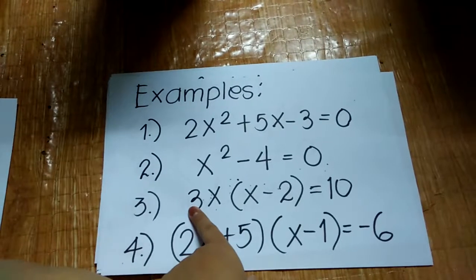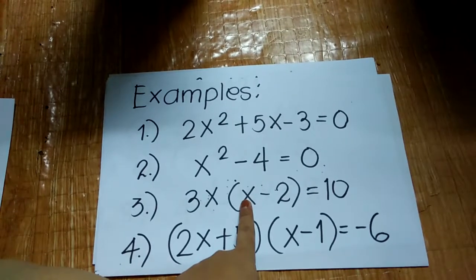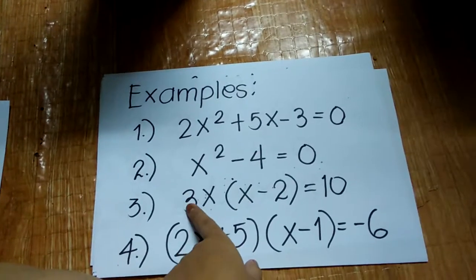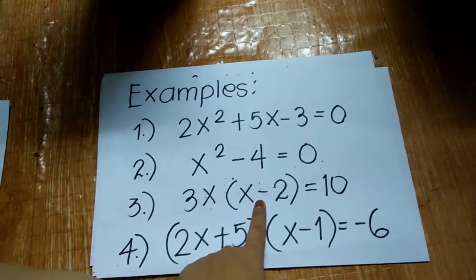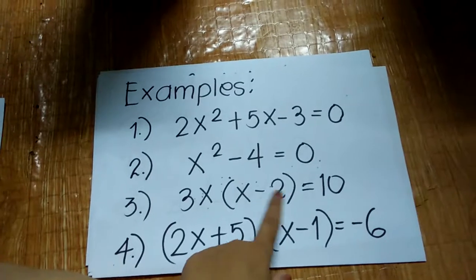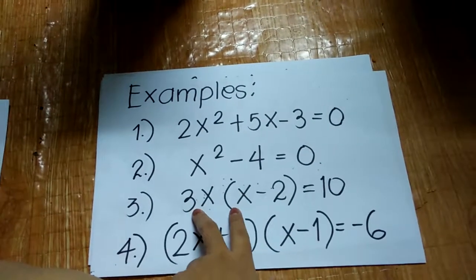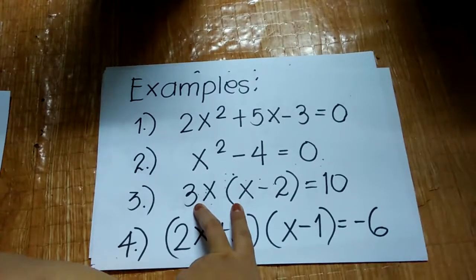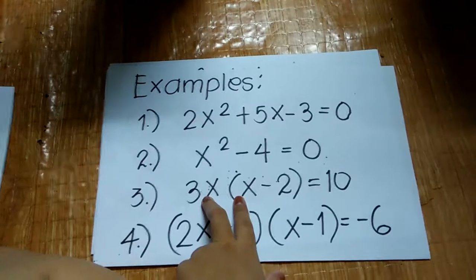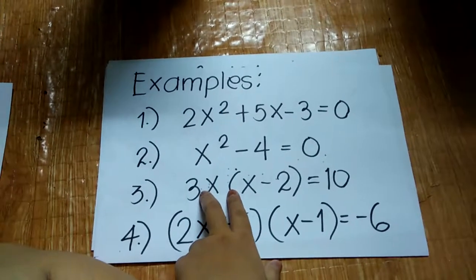Let's try. 3x times x, that is 3x squared. Then, 3x times negative 2, that is negative 6x, equals to 10. So, makikita ninyo, ang naging highest exponent na niya ay 2 dahil 3x squared na siya pag pinag-times or sinimplify natin. So, meaning to say, this is still a quadratic equation.